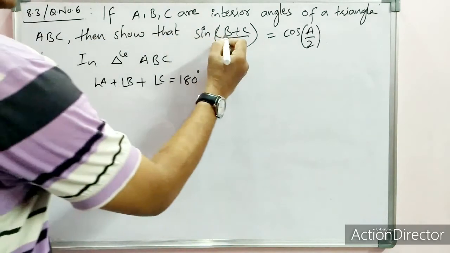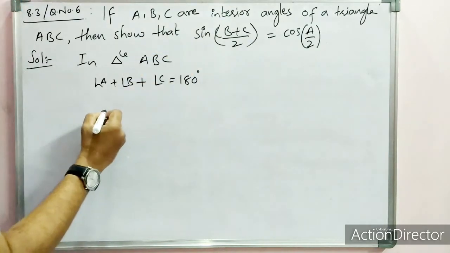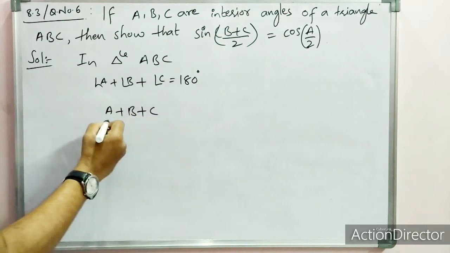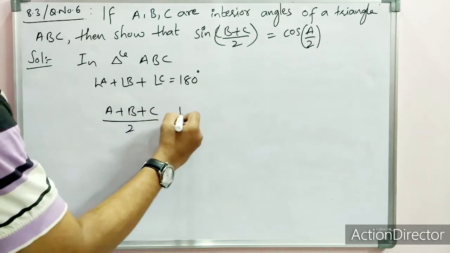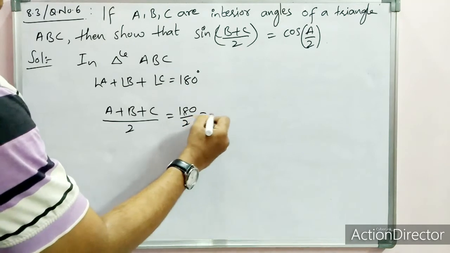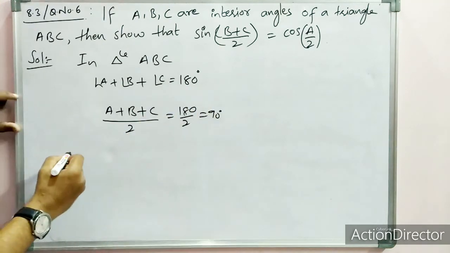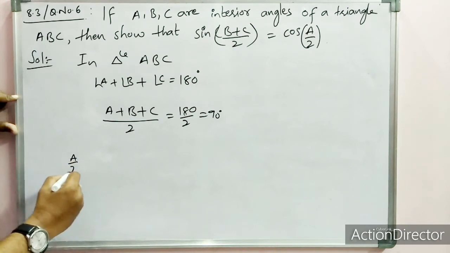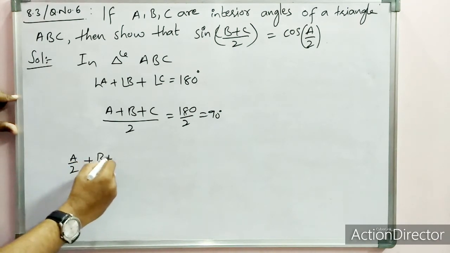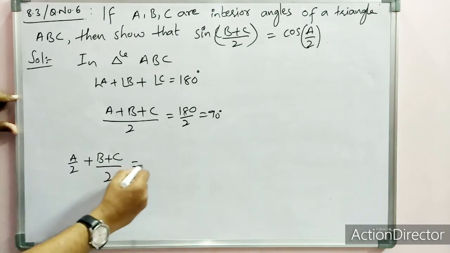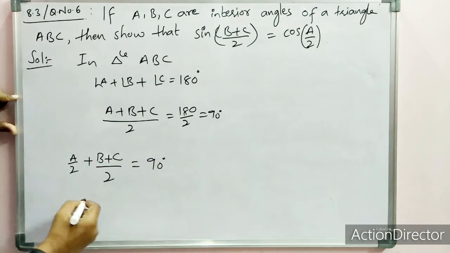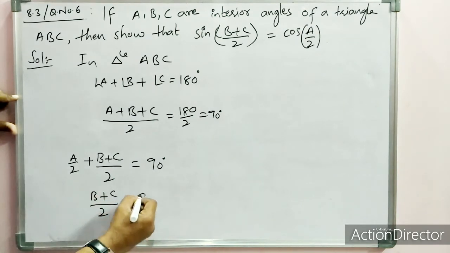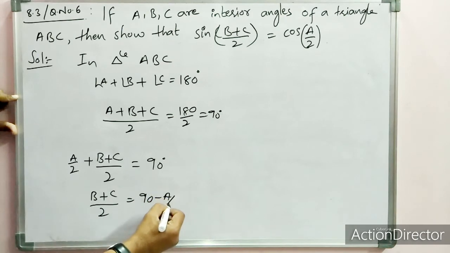What we require is B plus C in one place. So dividing by 2, (A plus B plus C) by 2 is 180 by 2, which is 90 degrees. Now A by 2 plus (B plus C) by 2 becomes 90 degrees. So (B plus C) by 2 I can write as 90 minus A by 2.